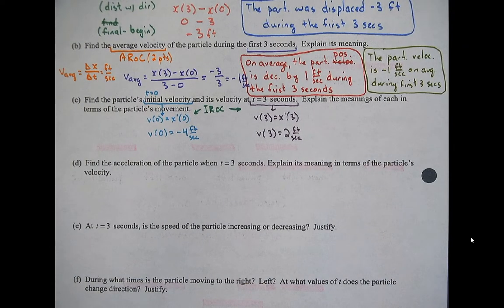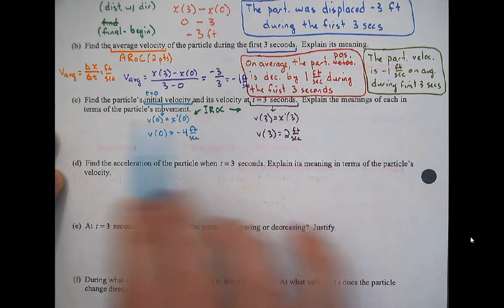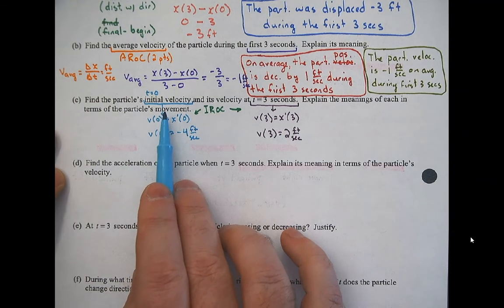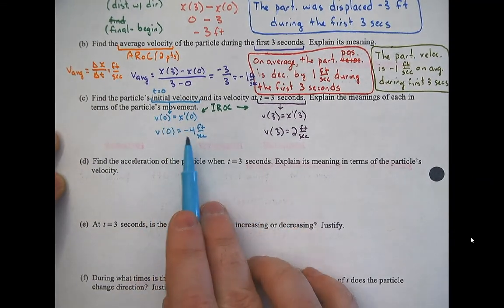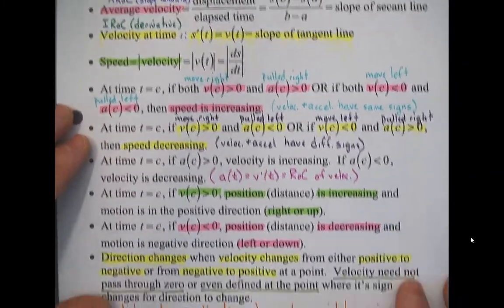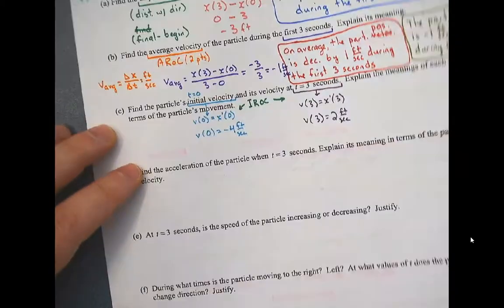Okay, so now let's do our write-up over here. So this says, explain the meaning of each in terms of the particle's movement. Interesting. It wants us to talk about the particle's movement. So this is where we go back to this side. What's happening to our particle if our first velocity was -4?